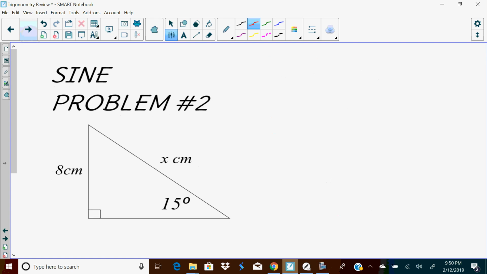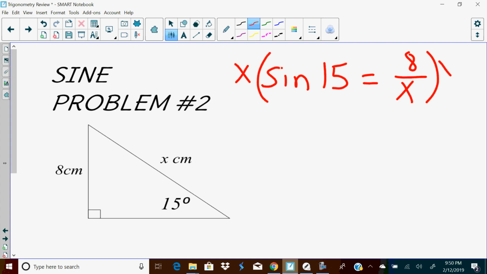Another example is I have the angle, but I don't have the hypotenuse, so I can still use my sine. So I would do sine of 15, make sure your calculator is in degrees, equals 8 over x. So I'm going to multiply both sides by x.